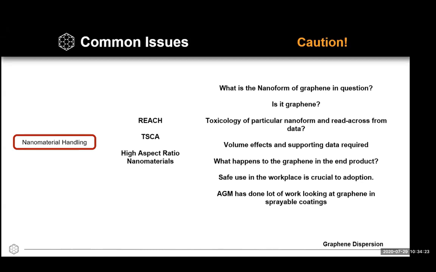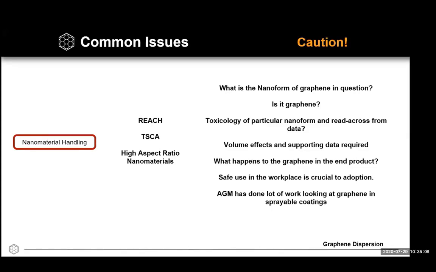Coming back to the particular material, is it actually graphene at all, or is it a nanographite or an exfoliated product? What exactly are we dealing with, and what is the particular nano form of graphene that we are looking at? Related to that is whether there's read across from the toxicology data that we have available to us. What are the volume effects and the supporting data that are required with that, because there are clear thresholds in regulatory approval whereby larger volumes require more and more data to support the safe use of these materials.